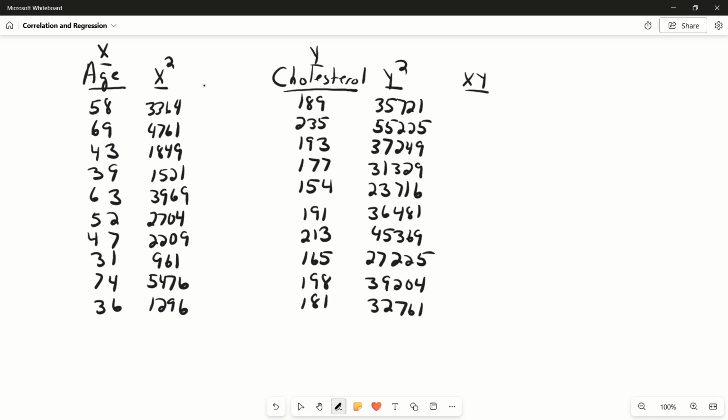And now you're going to multiply each X value by its corresponding Y value, and you're going to get an XY column here. So I multiply each X value by its corresponding Y value.